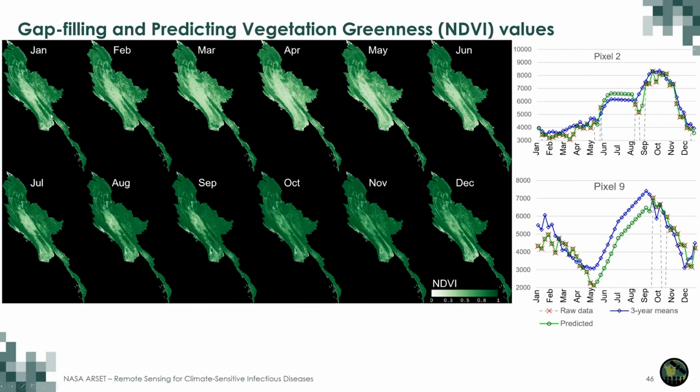So we're able to create our monthly NDVI using our approach, with no gaps of observation, despite the fact that from late May through early September, most of the area is not really observable. You can see how we do it here in these two diagrams.